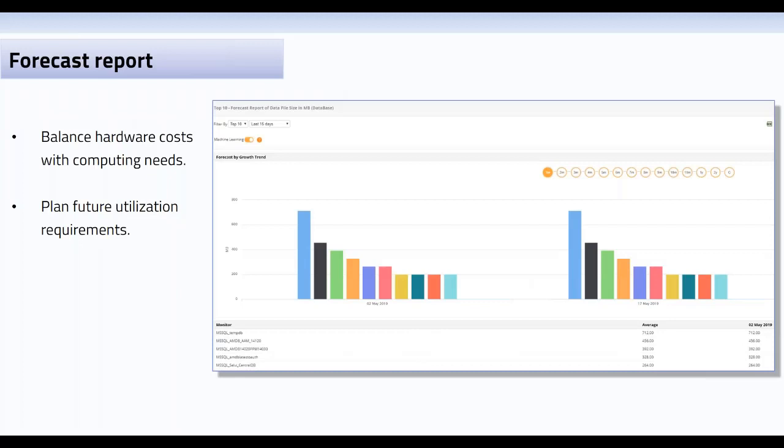What it means is it allows you to make use of real-time historical performance data about your databases, couple that with some machine learning algorithms, and then almost accurately predict what the future growth and utilization trends would be.